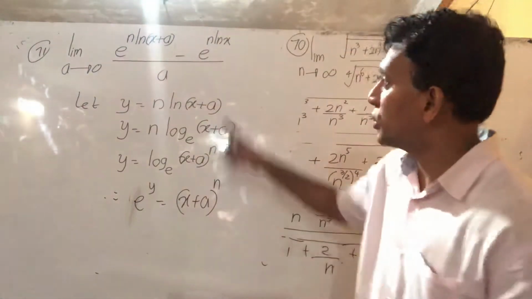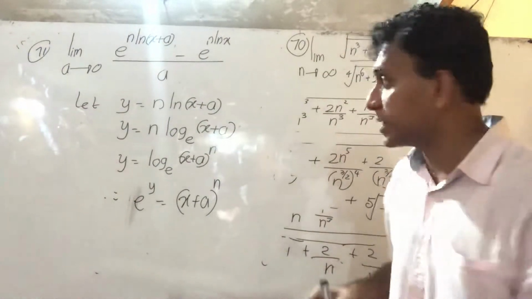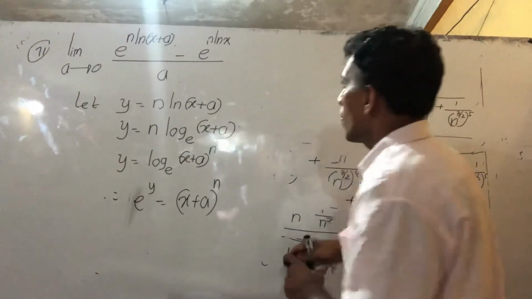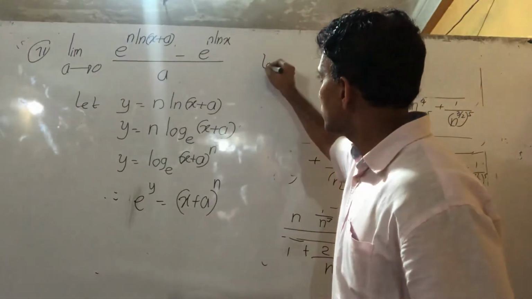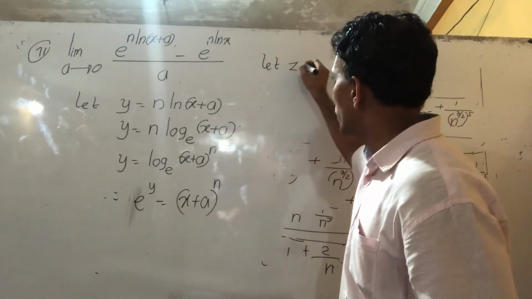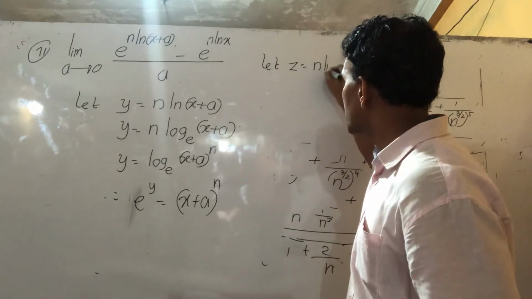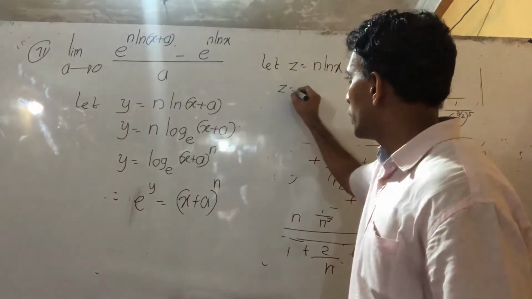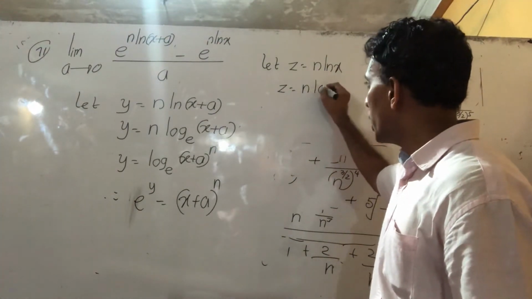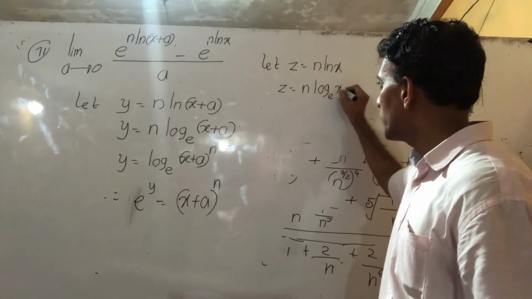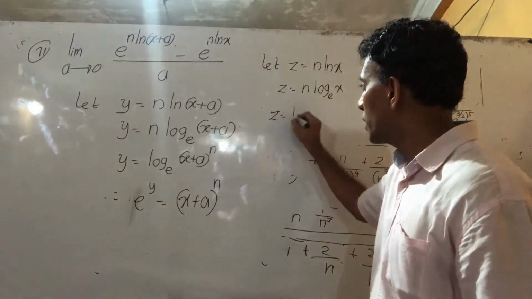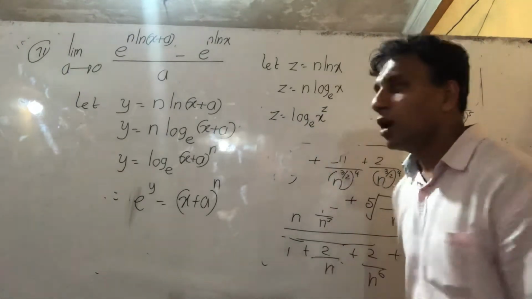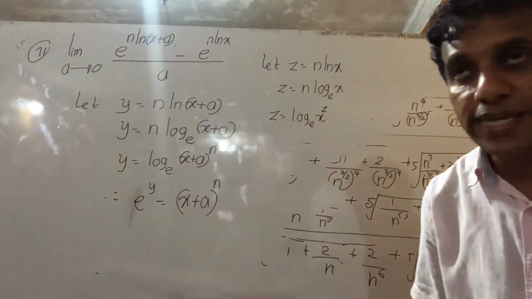Now see, in a similar fashion, I will take this as z, and do the rest. So next one, let z equal n log x, or otherwise z equal n logarithm base e of x, or otherwise z equals logarithm x to the power n. Alright, the earlier part was converted to the indices form.